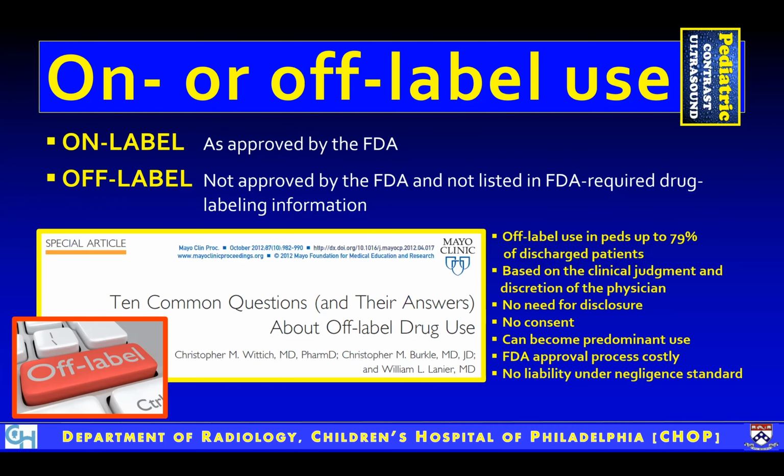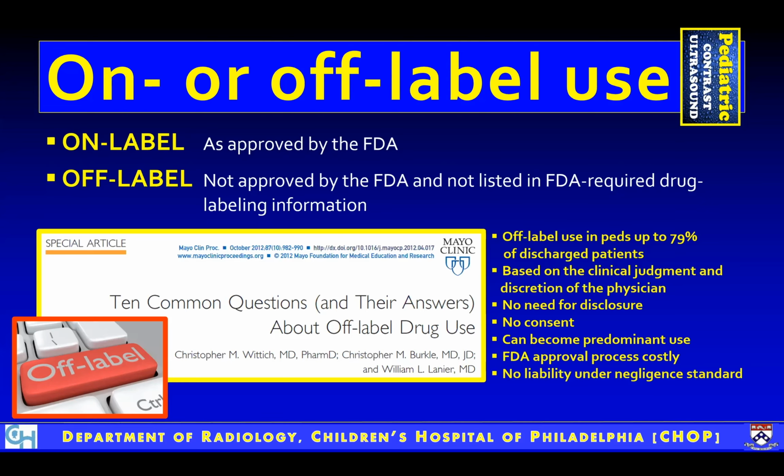In this publication, it stated that up to 79% of patients in the pediatric age group do receive medications that are off-label, which means it's not uncommon. And this application is based on the clinical judgment and discretion of the physician.